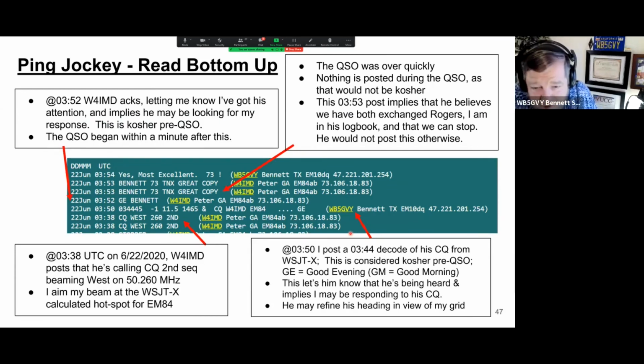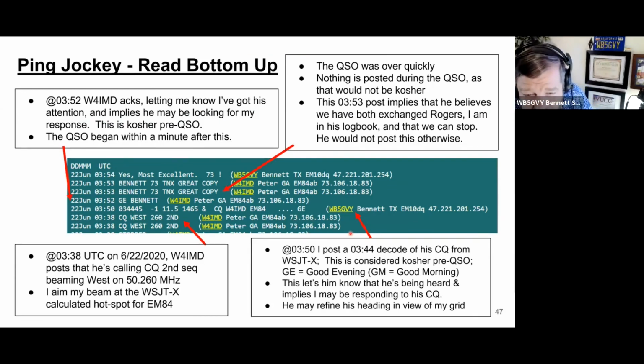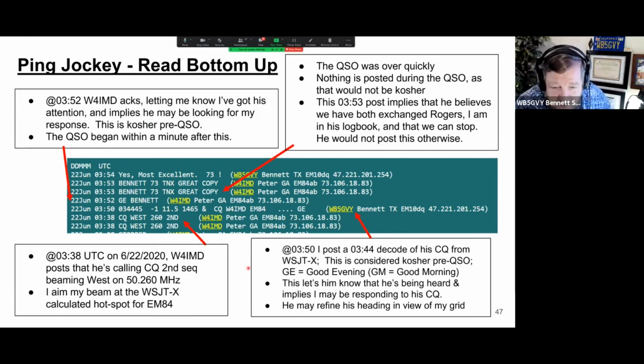So here was the beginning of a QSO I had with W4IMD, and I was going to try to point out some highlights from this. So down here, of course, the thing goes from bottom to top in terms of progression of the time, as you can see, from 338 up to 353. So at 338, W4IMD posts onto Ping Jockey that he's calling CQ 2nd.